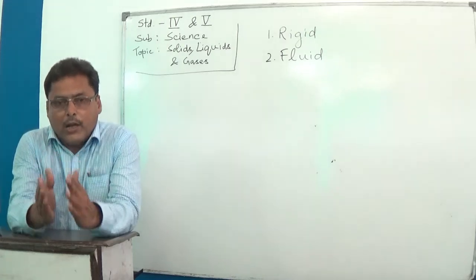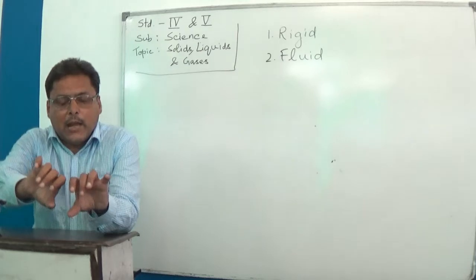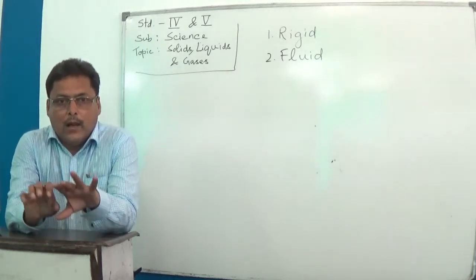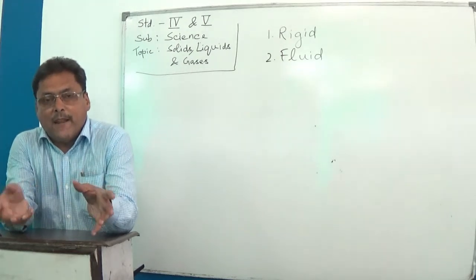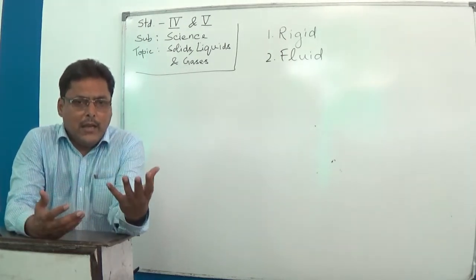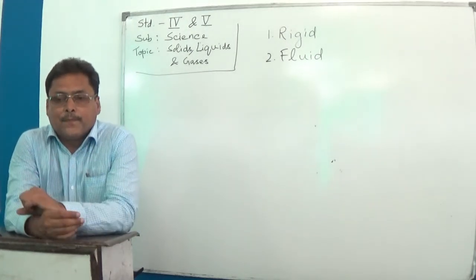It can be broken down. It can be chopped into small pieces, but it cannot be bent. It cannot be flexed, inflexible. So you see, most of the solids, they are rigid.